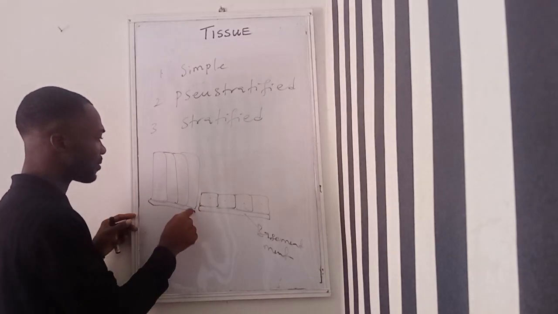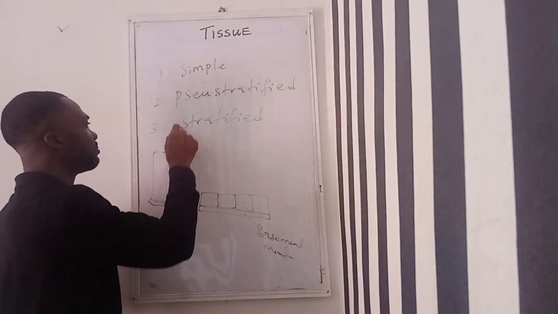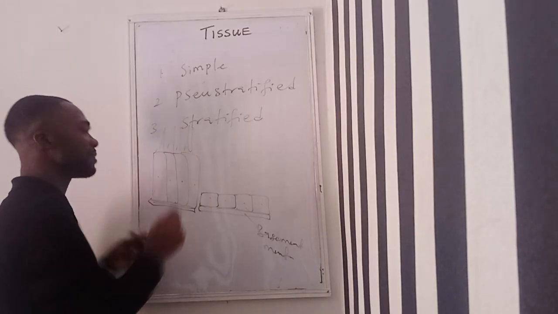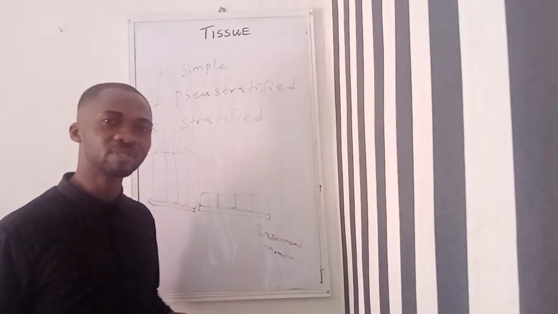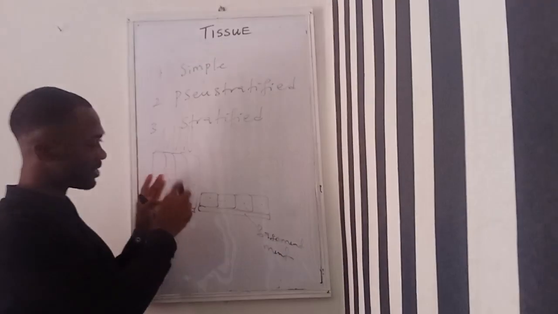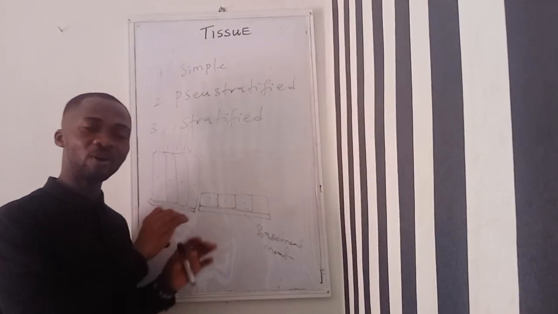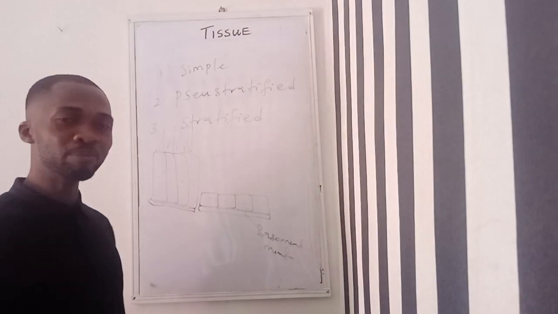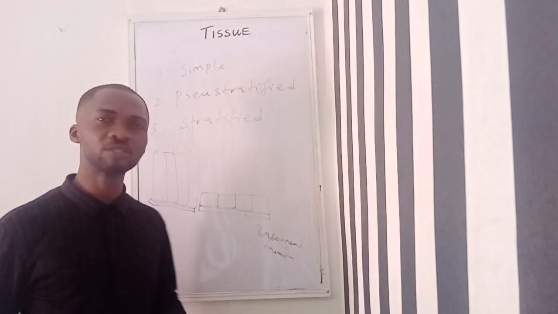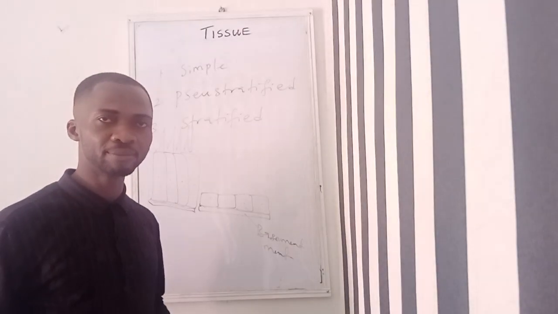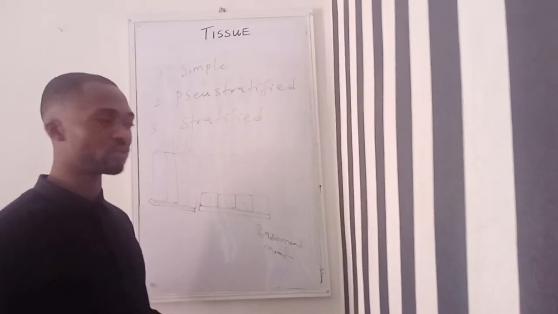They also have cells resting on the same basement membrane. If you are not careful, you may think it is multi-layered, but it is not. It also has single cells, just like simple epithelia, resting on the same basement membrane. You see this kind of epithelial tissue within the trachea, and probably the respiratory tract.